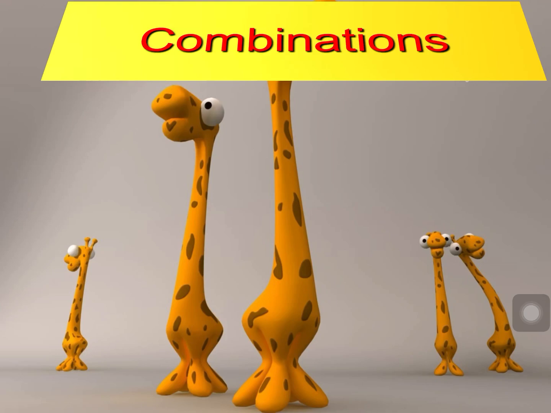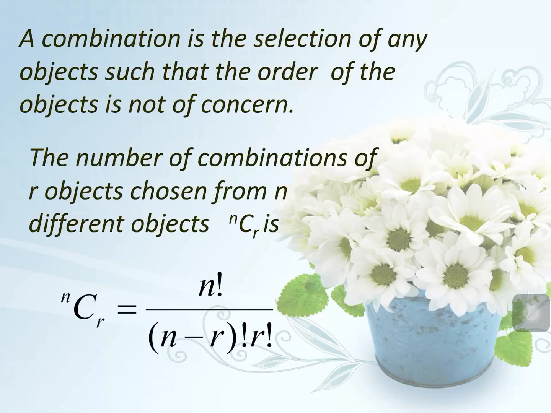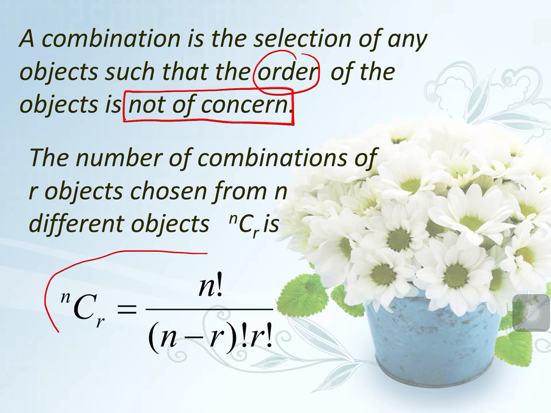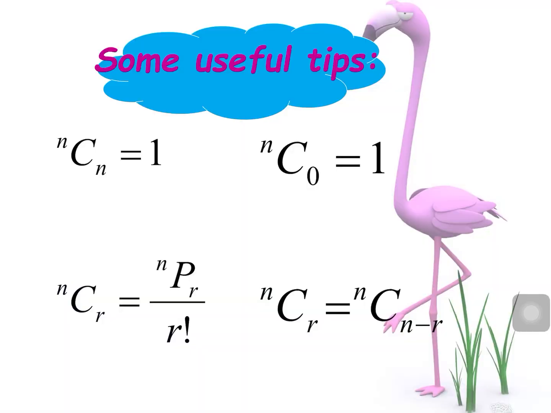Okay, next one. We have combination. What is combination? Combination is the selection of any objects such that the order of the objects is not a concern. So when we talk about combination, the order is not important at all. The number of combinations of r objects chosen from n different objects is, so here's the formula.